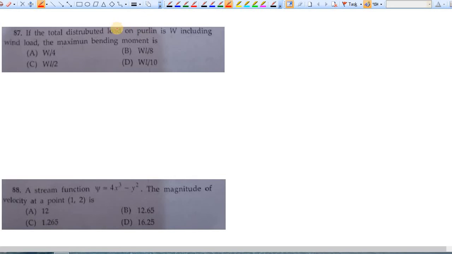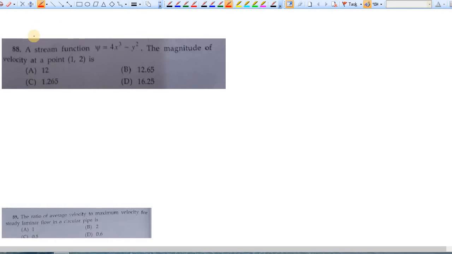Next, the total distributed load on purlin is W, including wind load. The maximum bending moment is, well, this is taken as WL by 10, total load times the span divided by 10. Next, this is a question from fluid mechanics. A stream function psi is given, and you have to find the magnitude of velocity at this coordinate.